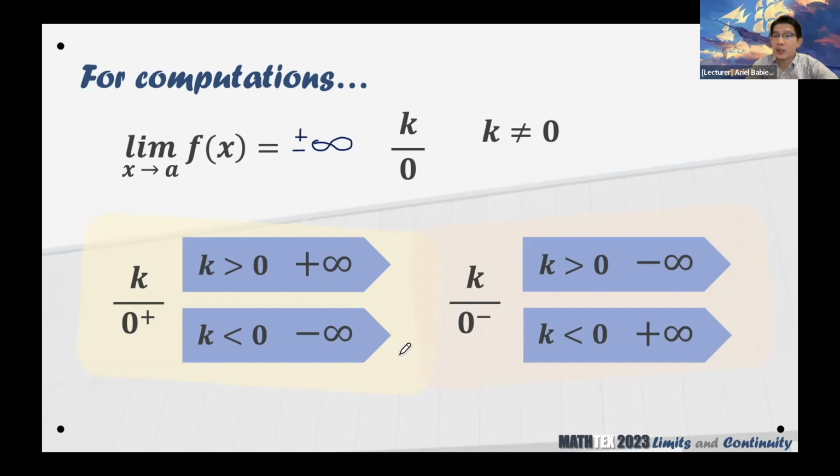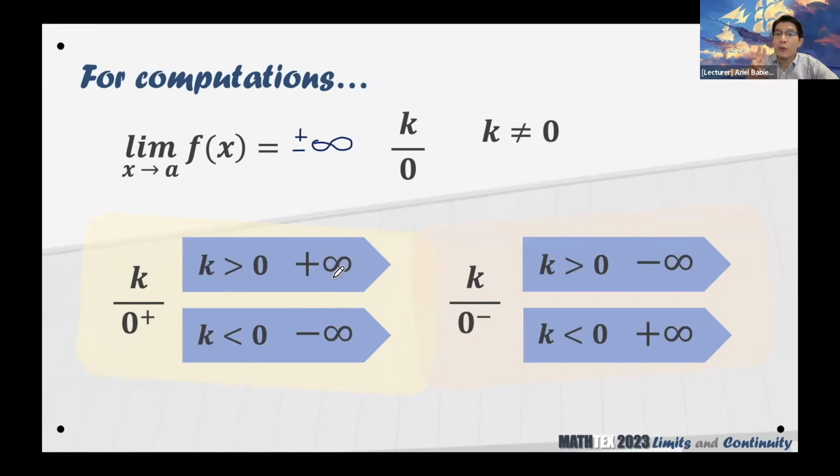But then the question is, which of those two? And here's a guide that you take. You simply have to compare the values. Let's say for the first one, if the numerator is positive, and the denominator is 0 going through positive values, then the limit will be positive infinity. Or it will increase without bound.